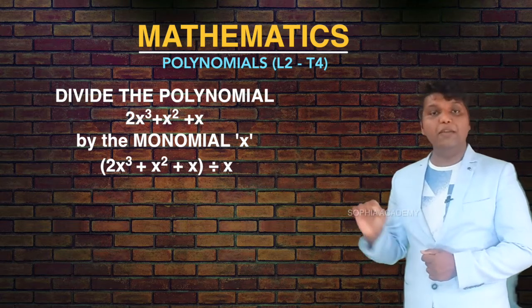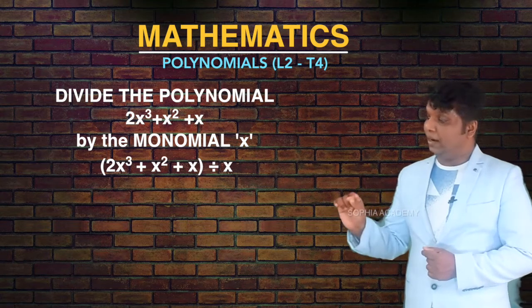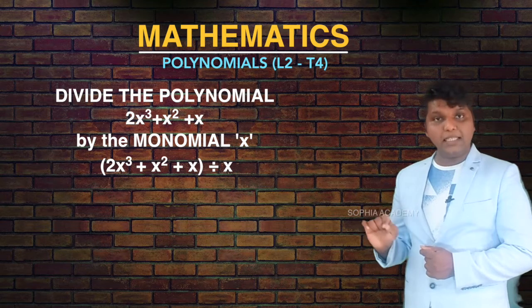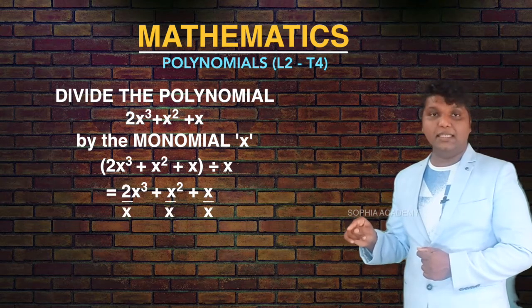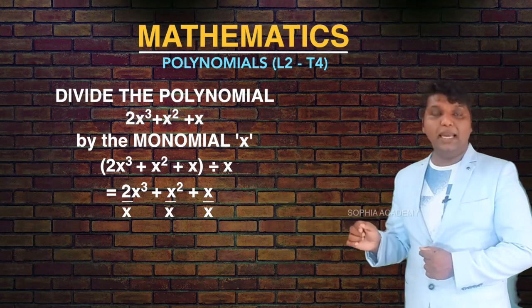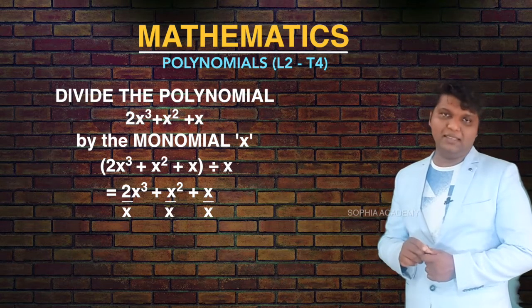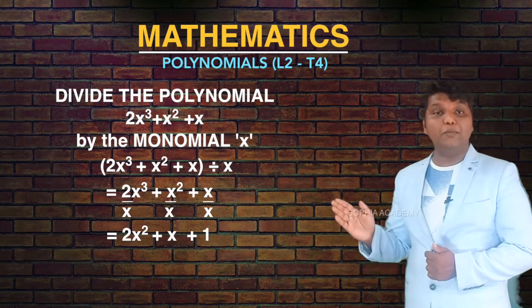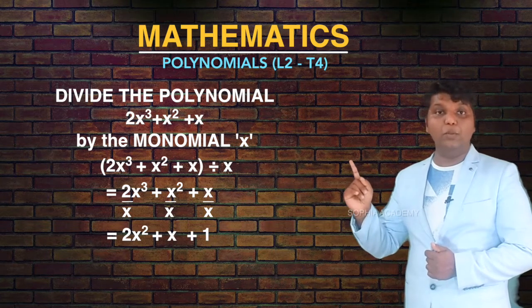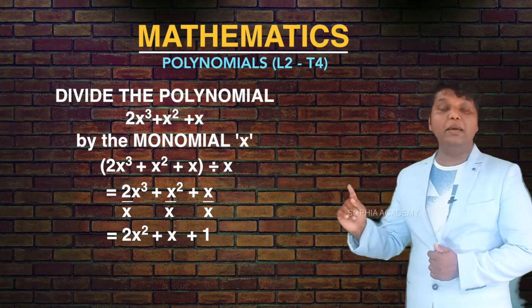Each term should be divided by x. So we can write 2x cube plus x square plus x divided by x is equal to 2x cube by x plus x square by x plus x by x. That is equal to 2x cube by x, meaning 1x in the denominator and 1x in the numerator will get cancelled, and the remaining will be 2x square, right?